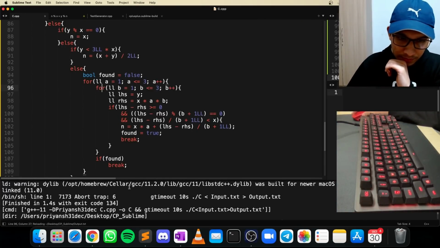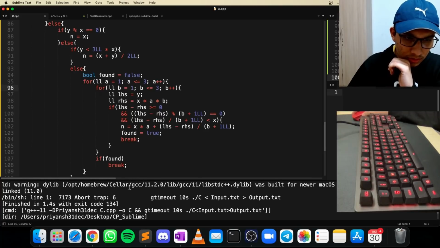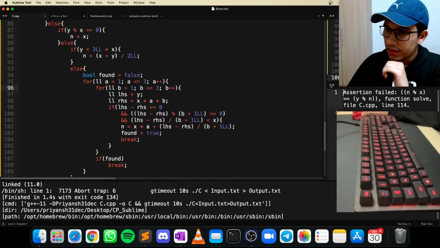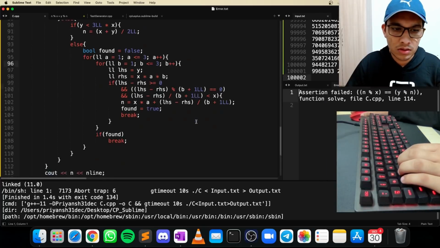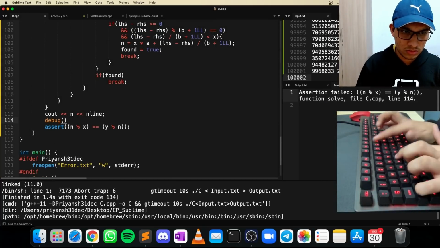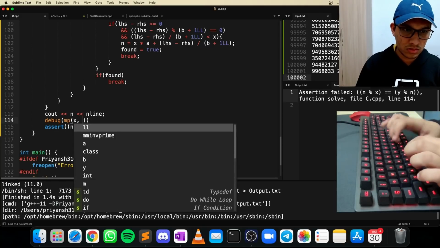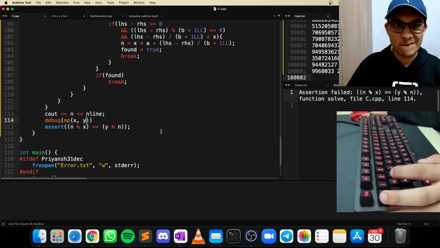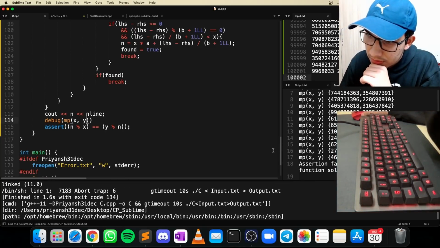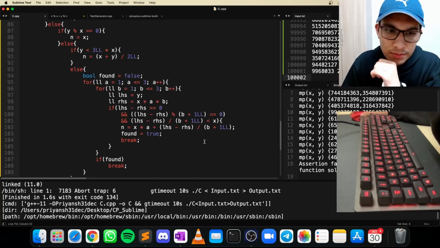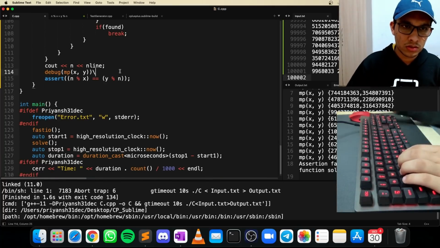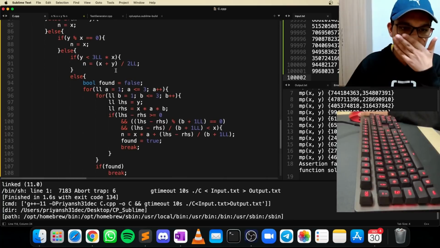Okay, am I having an assert statement here? Assertion failed. So for this y modulo n, it is not working. Wasn't I already checking this?